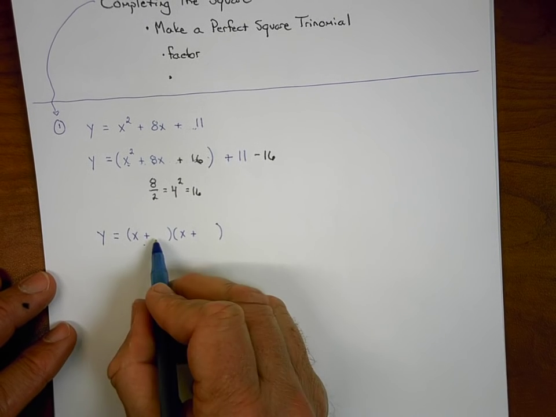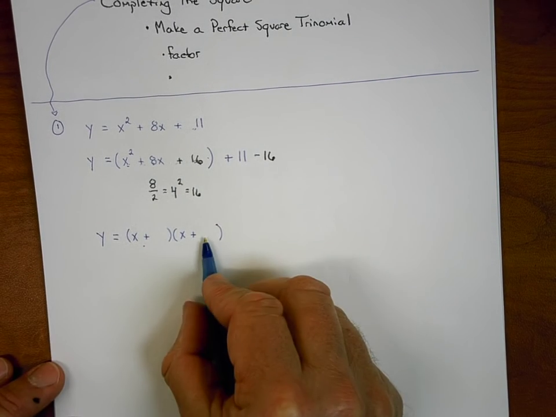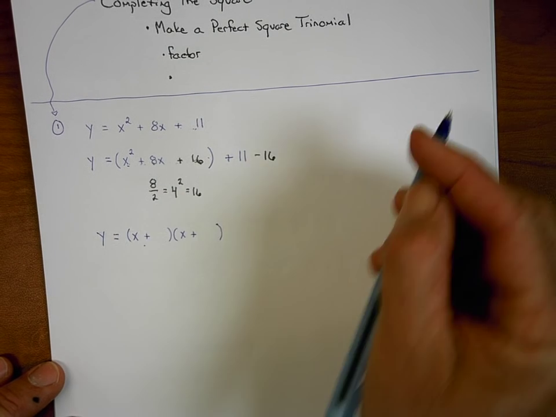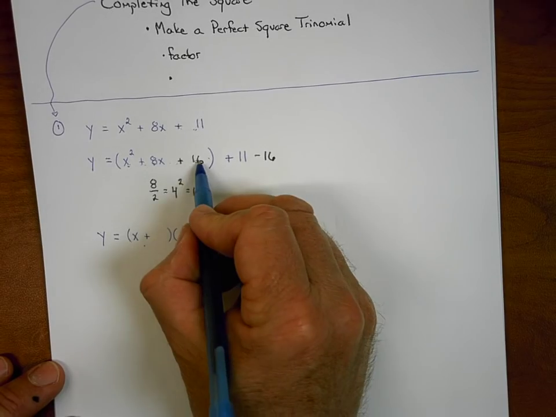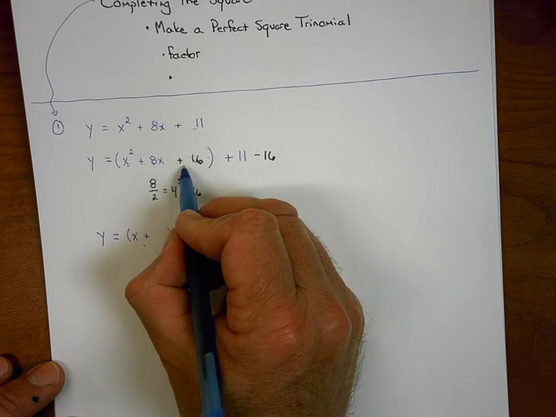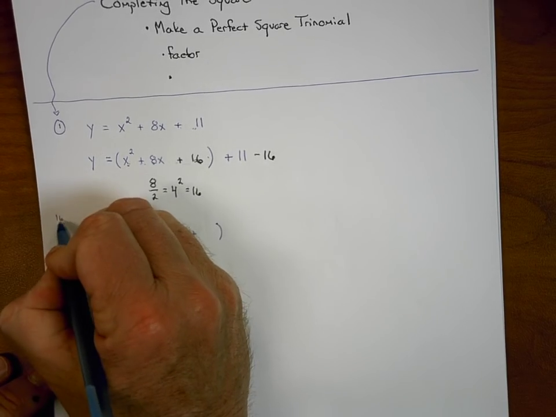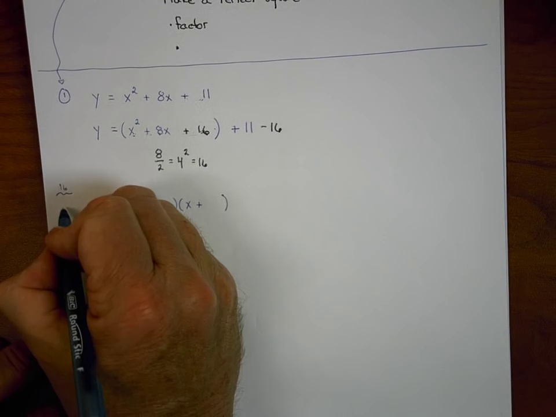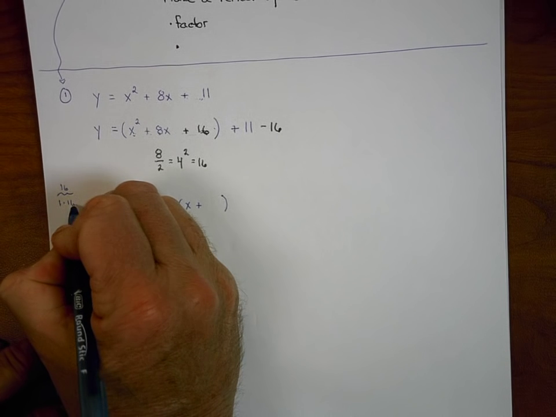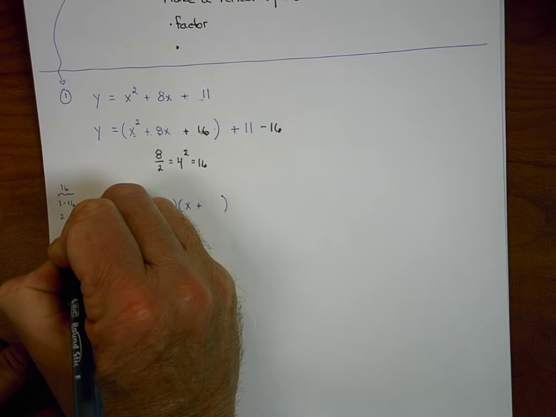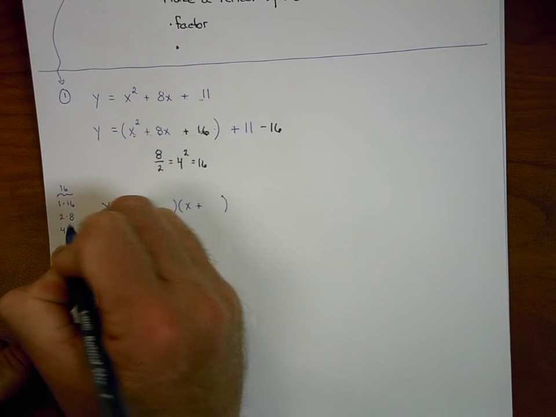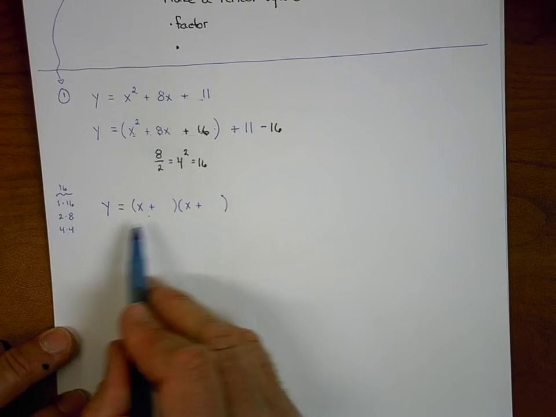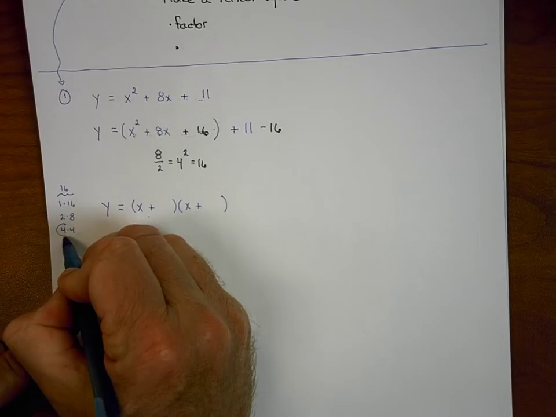And then I have to find the two distinct numbers that will be the factors for this trinomial. Well, how do I do that? Once again, I take the last number of my trinomial, which is 16, and I make a list of all the distinct pairs of numbers that multiply to make 16. 1 times 16, 2 times 8, 4 times 4. One of those pairs is going to be my distinct factors. Which one is it? It's going to be 4 and 4.